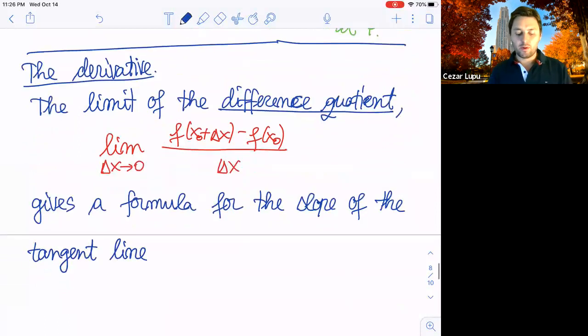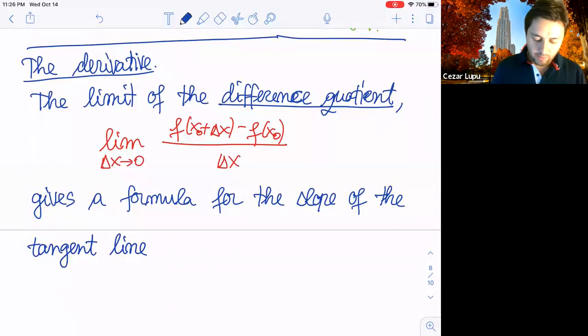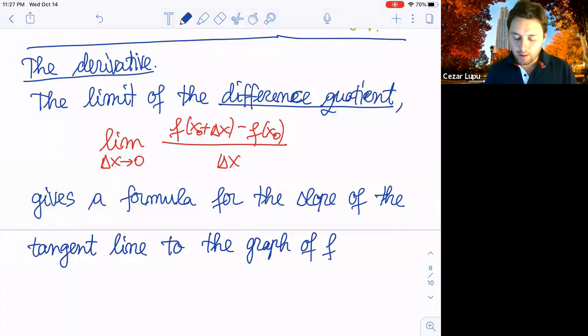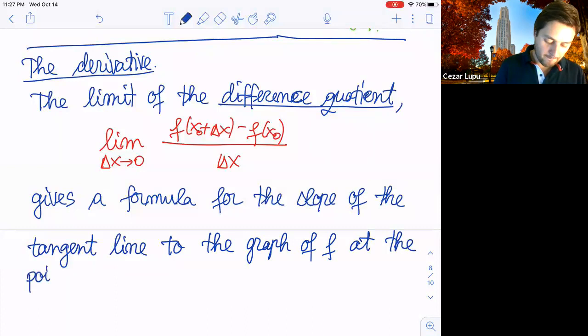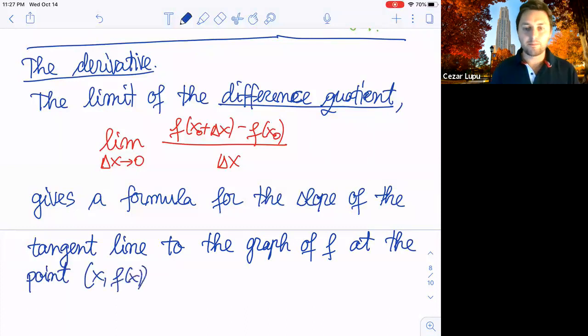Right? For the slope of the tangent line to the graph of f at the point x, f of x, right?